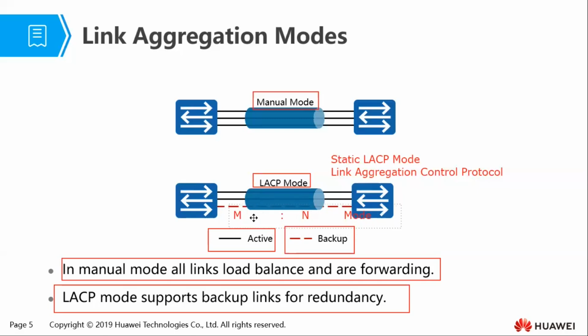Where M represents the number of active links, while N represents the number of backup links. So generally, the main difference between these two modes is that in manual mode, every link is forwarding. In LACP, some links forward, some links don't forward. They act as backup.